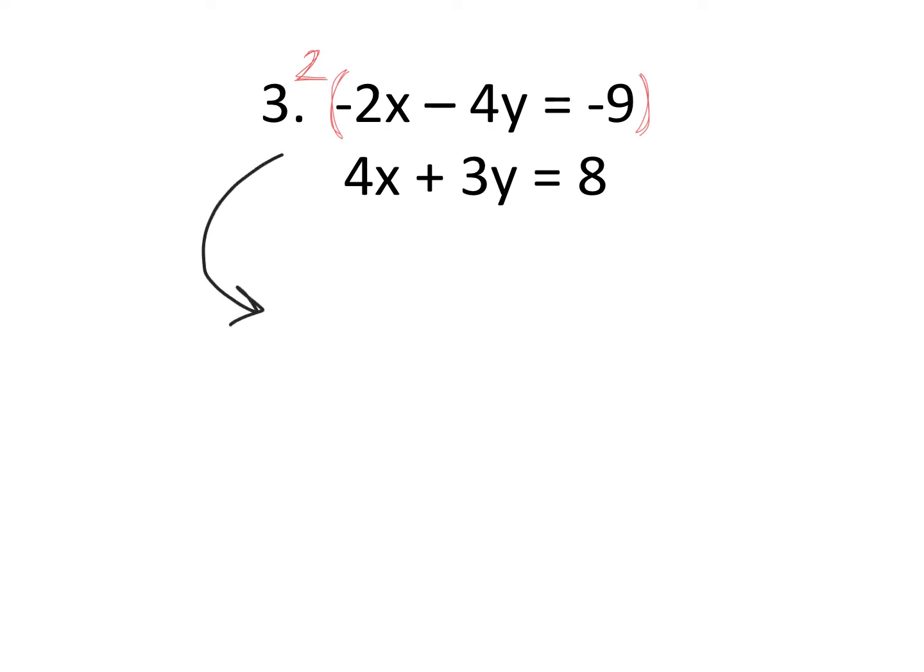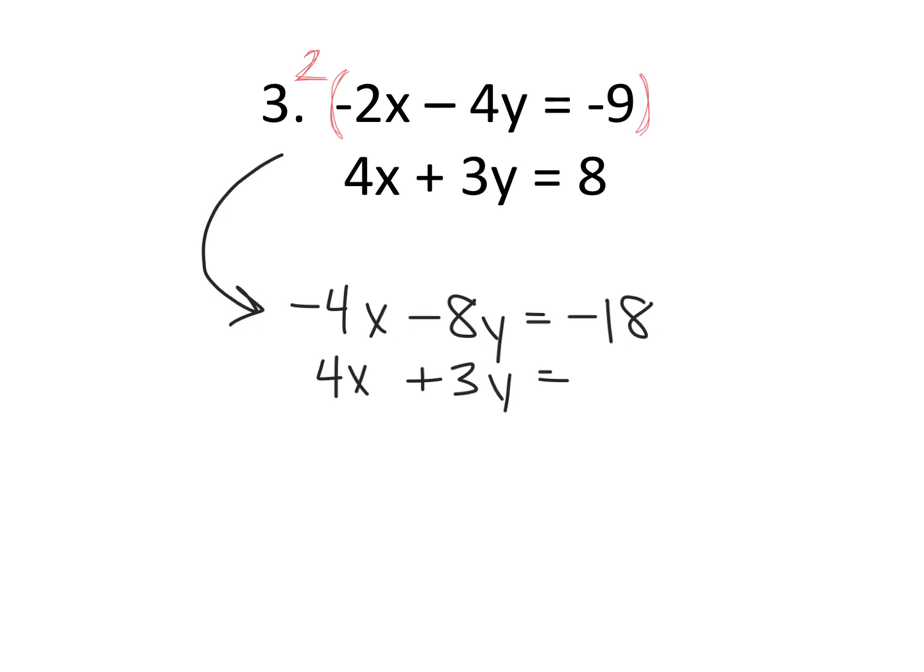The top equation, all those numbers get multiplied by 2, so it becomes negative 4x minus 8y equals negative 18. The bottom equation I'm just rewriting as it was because I didn't do anything to it.